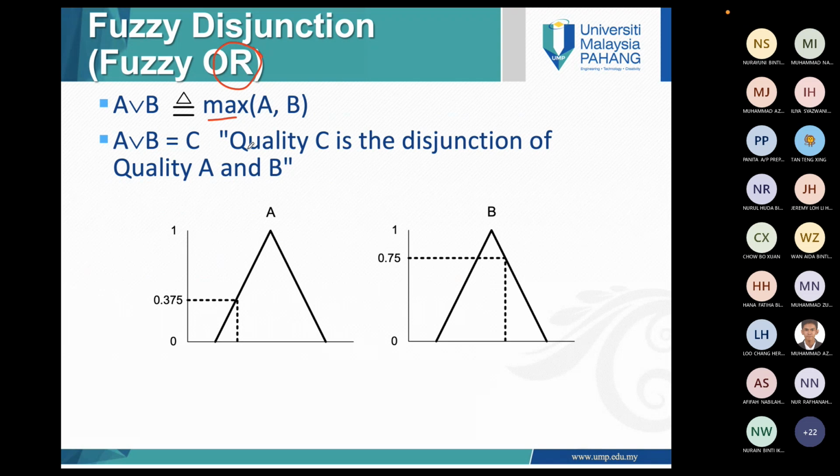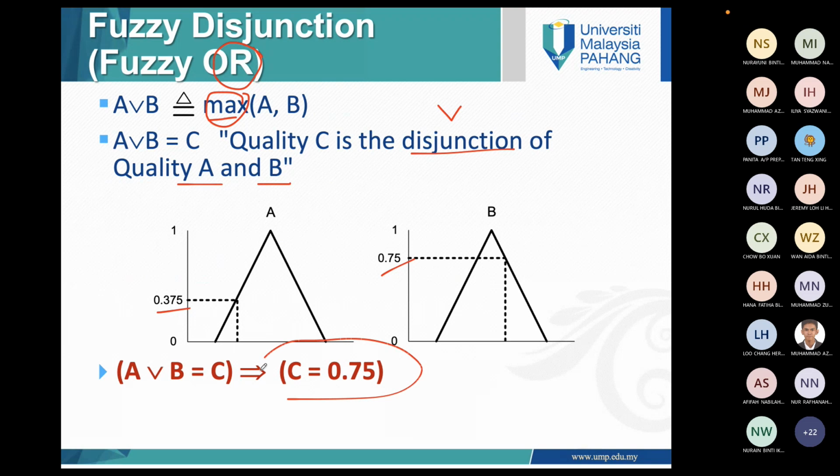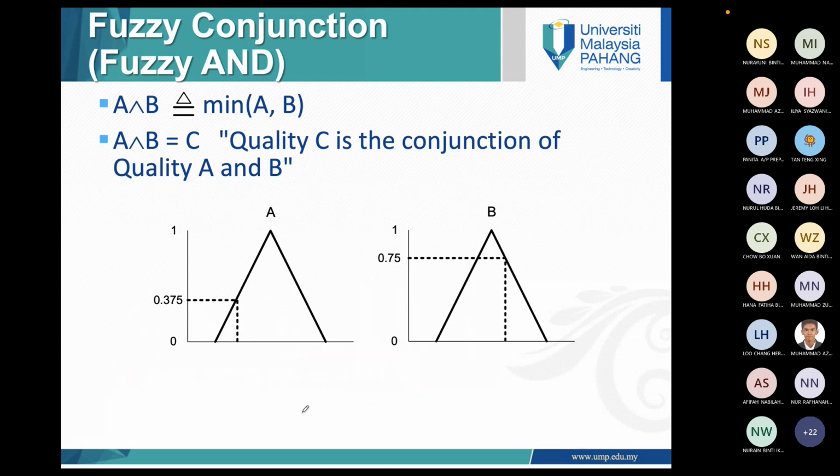A or B equals C. So the quality of C is the disjunction of the quality A and B. Because it is disjunction, we choose the maximum value between these two values, which is 0.75. That's for disjunction.